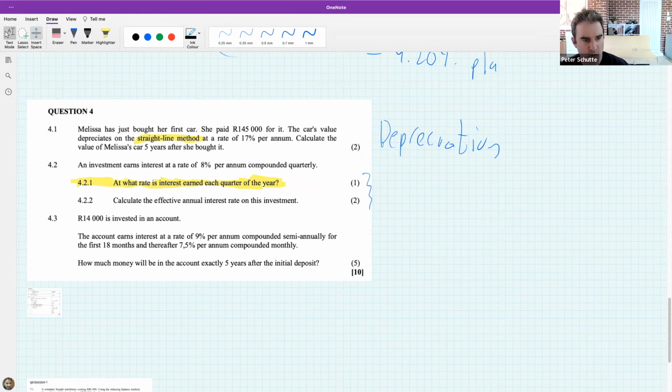It says that the interest on the investment is at a rate of 8% per annum compounded quarterly. At what rate is interest earned each quarter? So it's a straightforward question. What do you think? If it's 8% per year, how much interest are you earning per quarter?